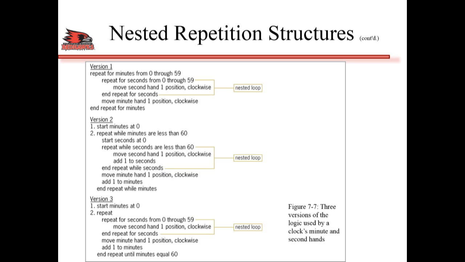Once the whole thing completes, the second hand has moved 60 times 60, so 3600 times, meaning that an hour has been completed while this whole nested loop structure has been done. Version 2 and version 3 are basically doing the same thing with different kinds of loops.